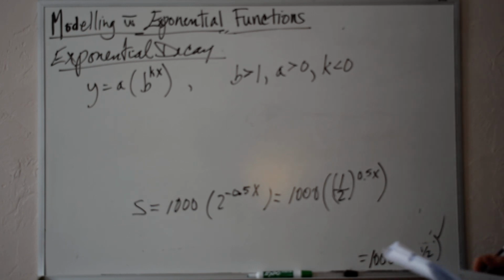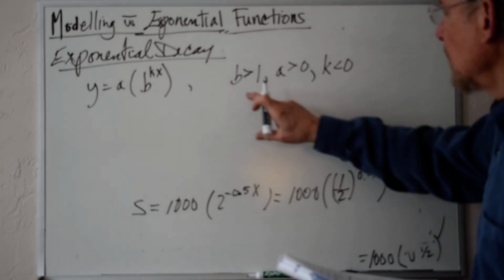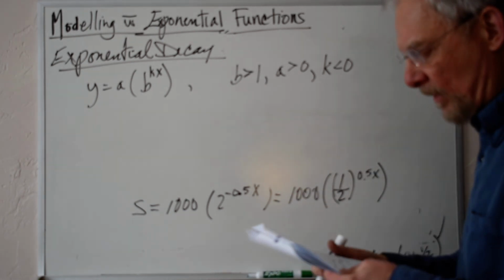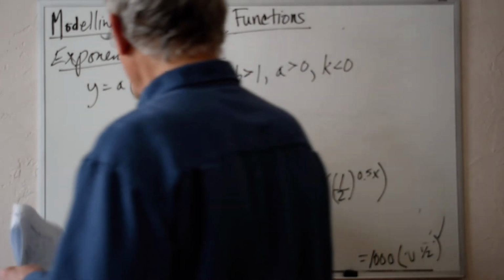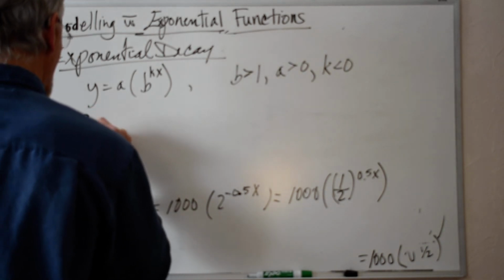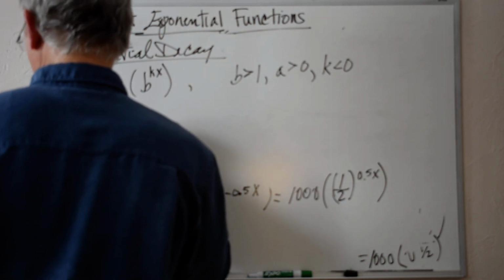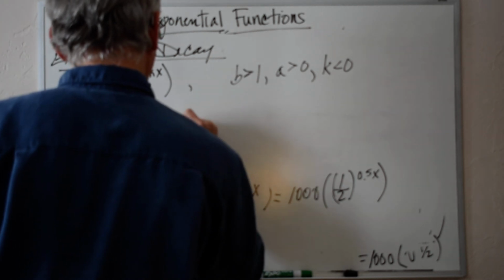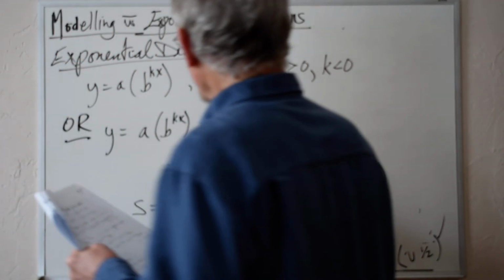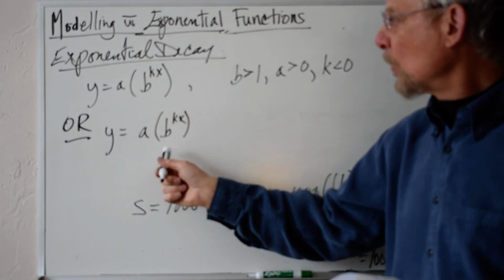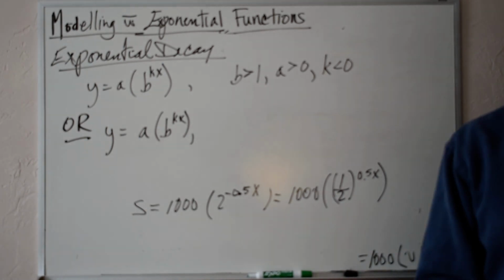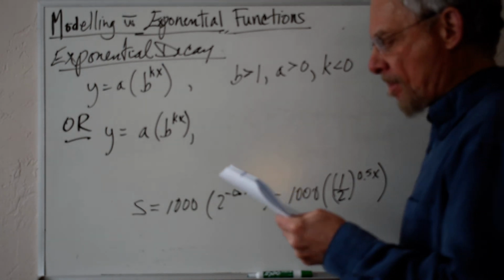Now in this case, it doesn't look like that. B is less than 1, so it doesn't match up with that. The other model is this. So we can put the word or here. Let's write down the model. Well, of course, this looks the same. We're just going to change what these constants are allowed to be.